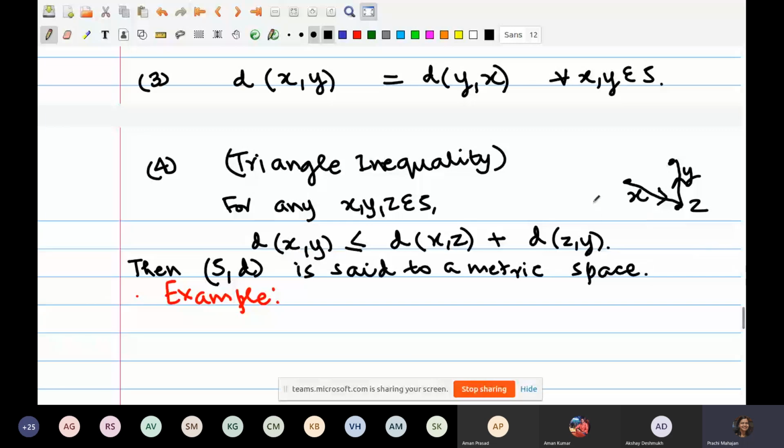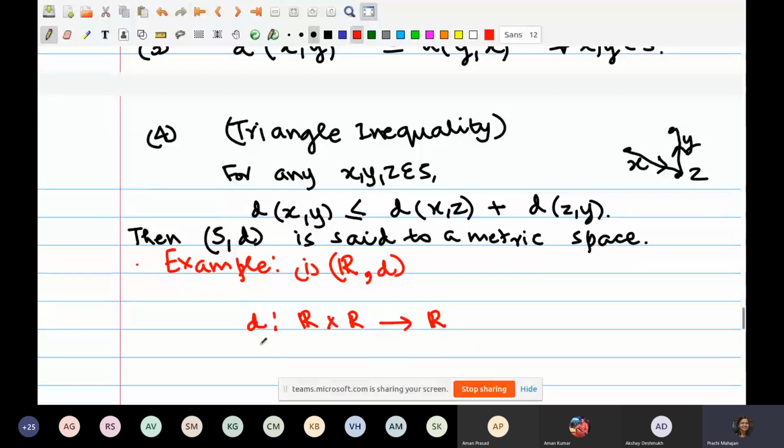Let me start with a very simple example of a metric space. I am going to consider the set R of real numbers, and I'm going to make it a metric space. I need to give you a function defined on the product space, taking values in R, satisfying 1, 2, 3, and 4.